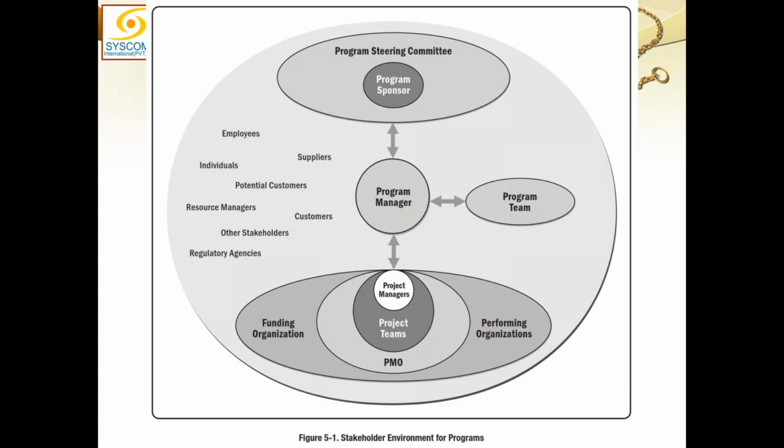But some of these are under multiple layers, and there are some direct stakeholders who could be your organization's employees, suppliers, potential customers, resource managers, and so on. All of these are your program stakeholders, and this is the stakeholder environment for the programs.